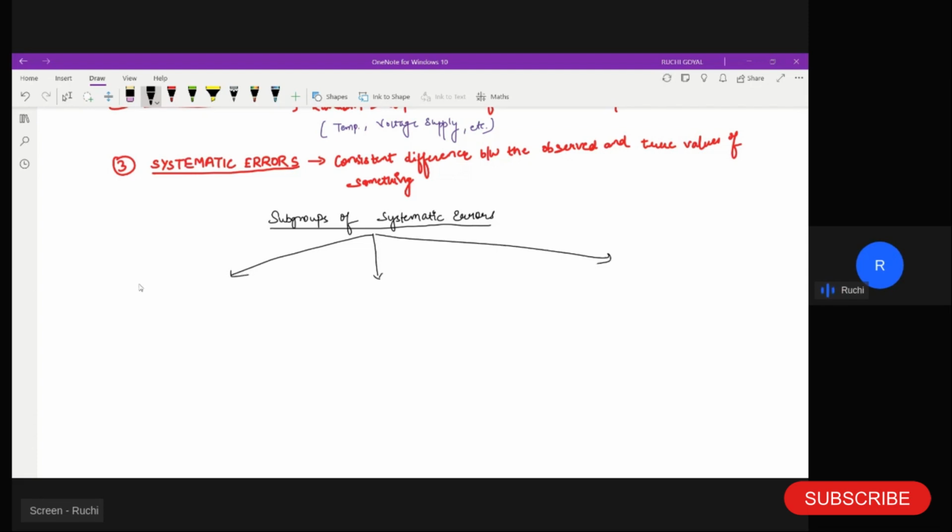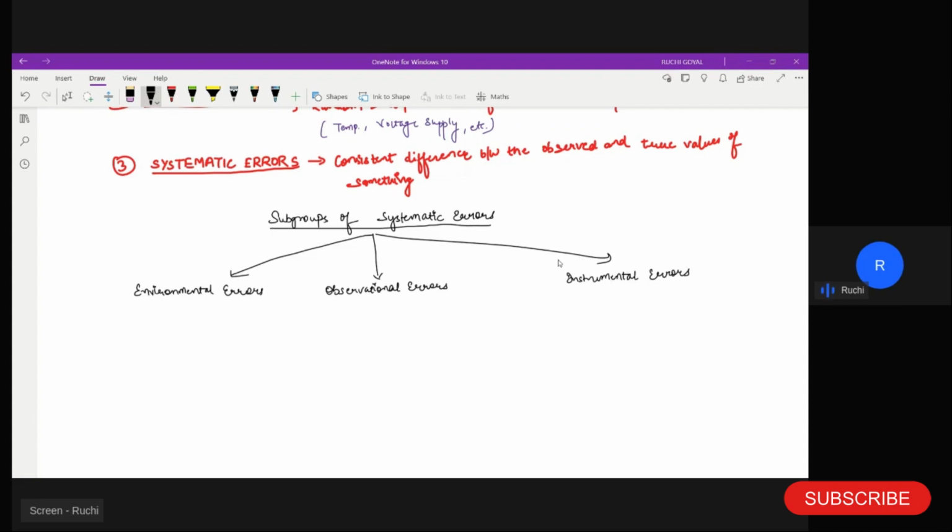The first one is environmental errors. The second one is observational errors. And the third one is instrumental errors. Firstly, we will look at what environmental errors are.